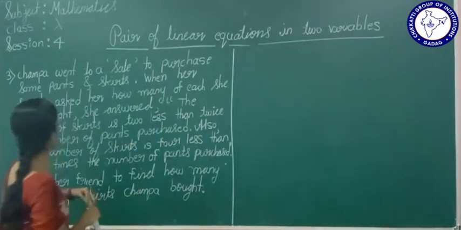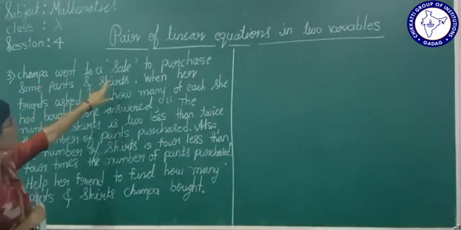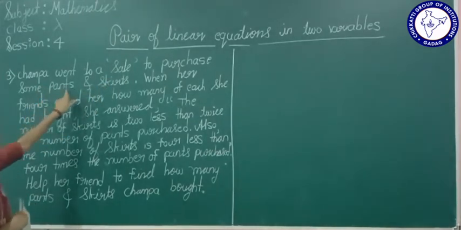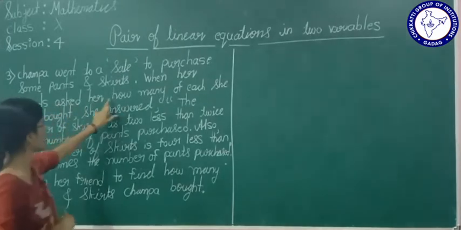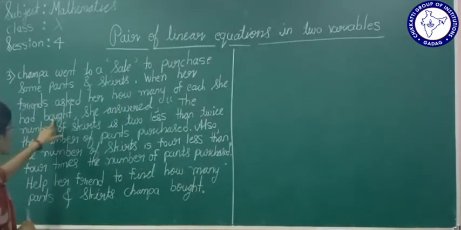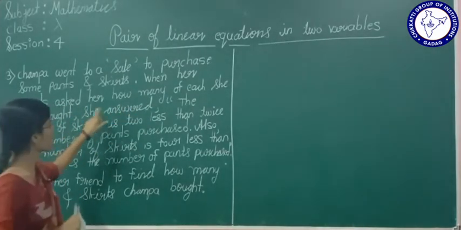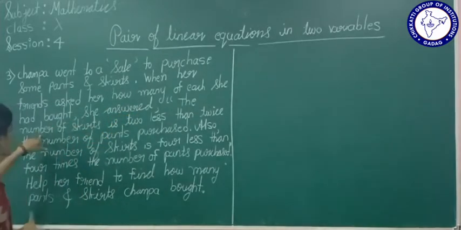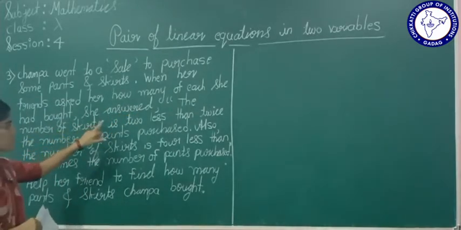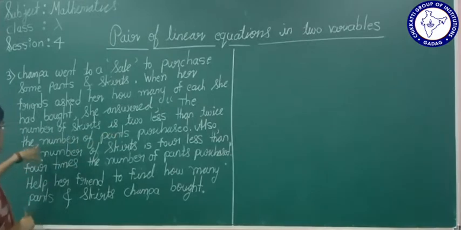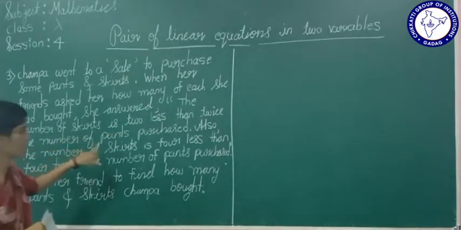See the third problem. Champa went to a sale to purchase some pants and skirts. When her friends asked her how many of each she had bought, she answered, the number of skirts is 2 less than twice the number of pants purchased.